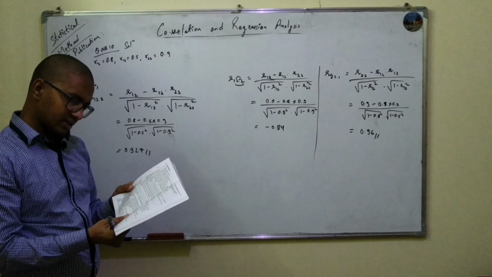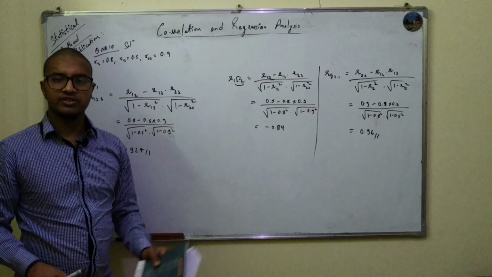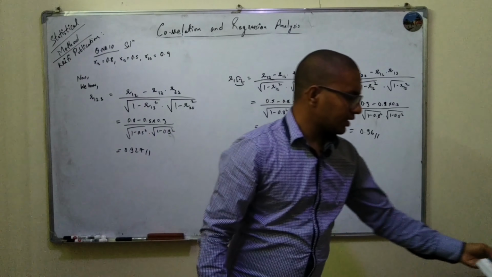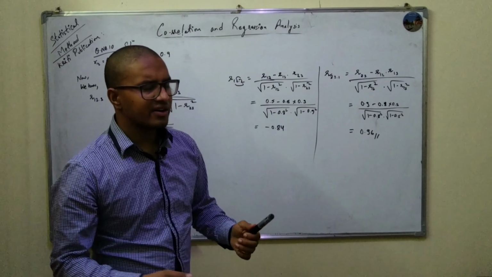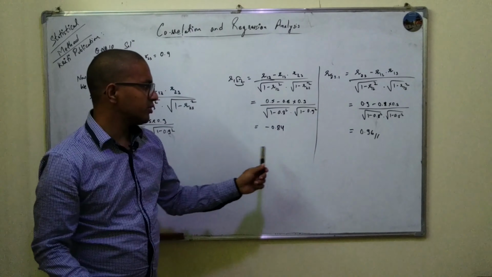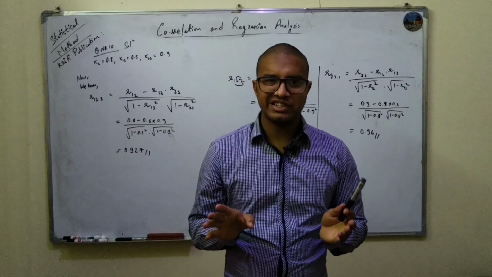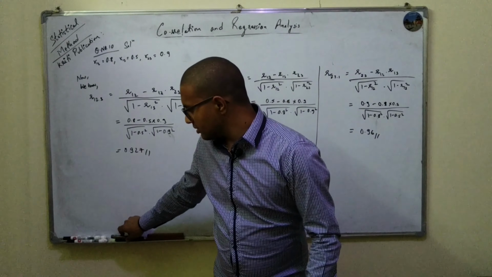Number 10, 0.84, yep, everything is all good. Basically, if there are two negative variables, there will be one positive, and if there are two positive, there will be one negative. It just depends how much the correlation is between these variables.